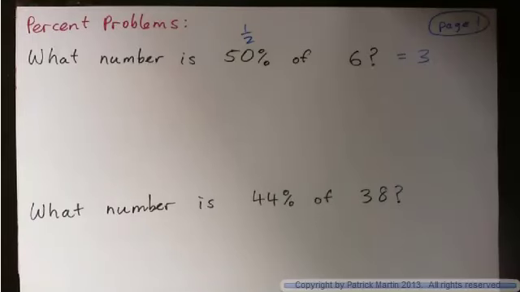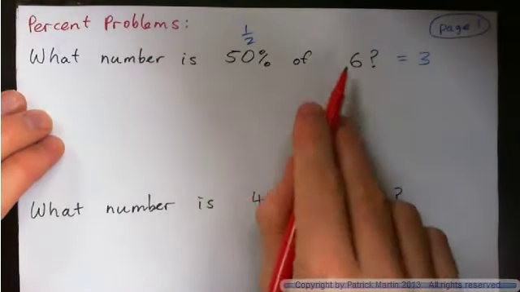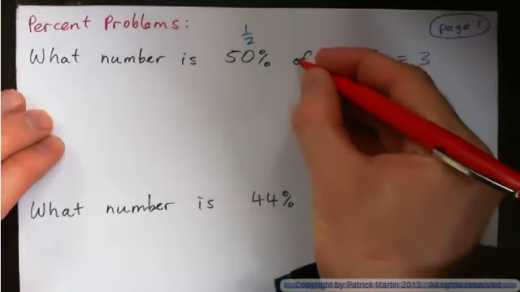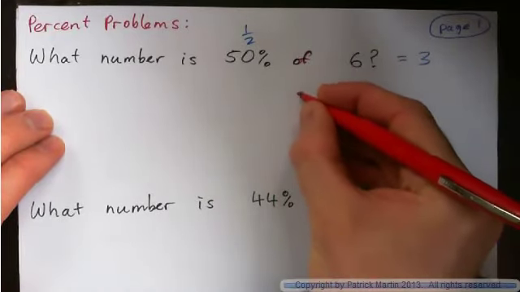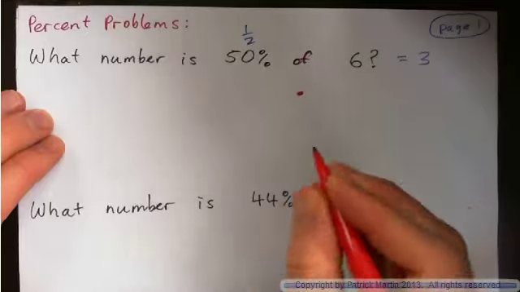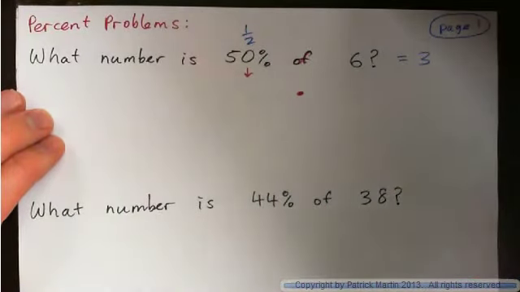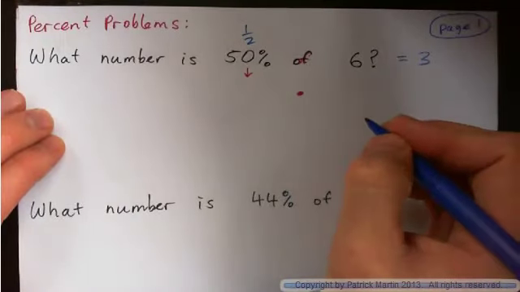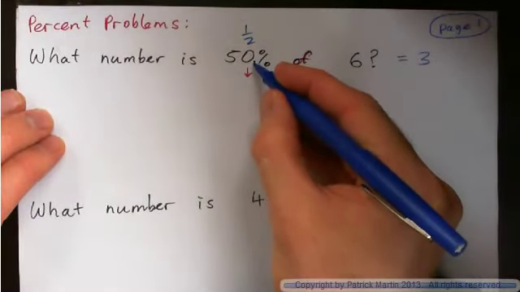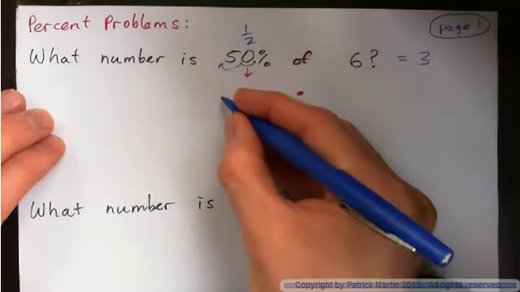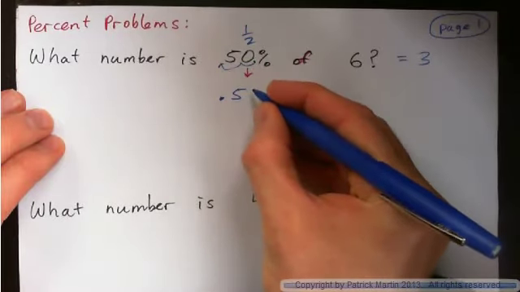Now the way we were going to do this is we're going to say, okay, we want to get 50% of 6. Now, of, you might remember, means multiply. 50% can be turned into a decimal. What's 50% as a decimal? You can move the decimal point 2 spaces to the left and get 0.50.